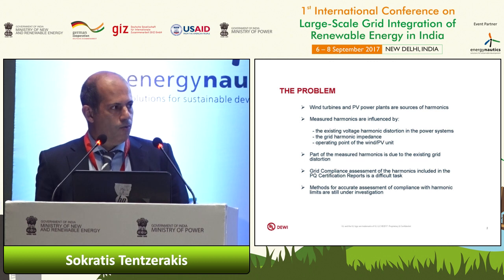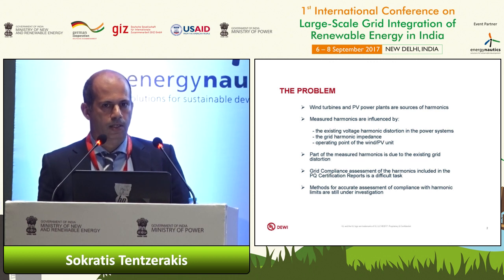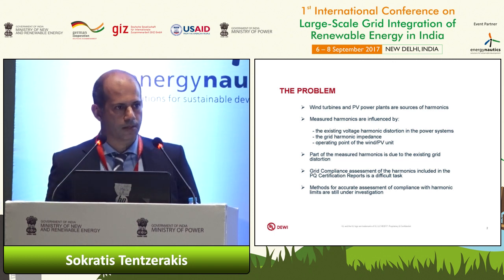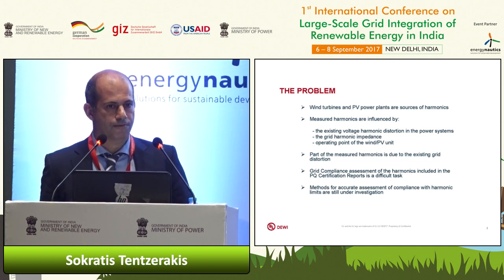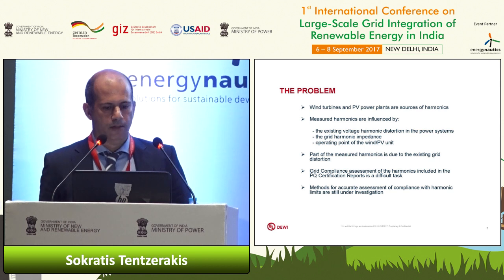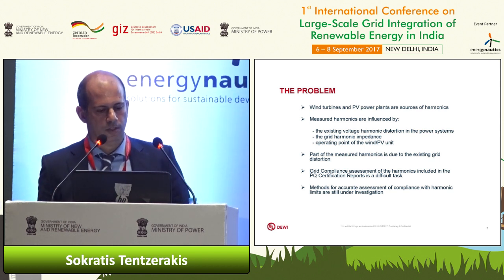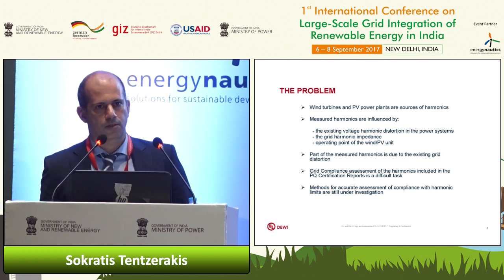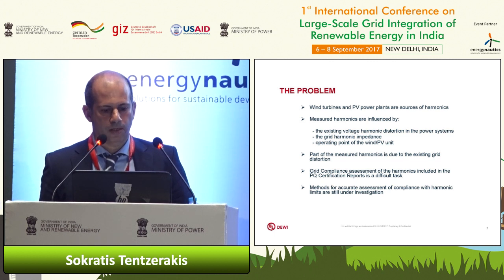So what we experience with our measurements in actual field tests is that the measured currents most times are influenced by the following factors: the existing distortion of the grid, the harmonic impedance characteristics of the grid, and of course, due to the fluctuating nature of the renewables, they have different behavior depending on the operating point.